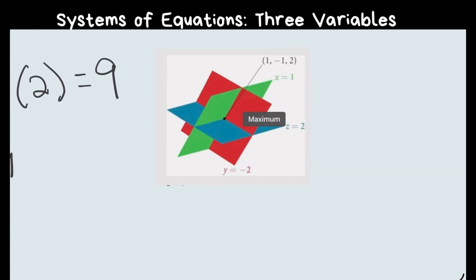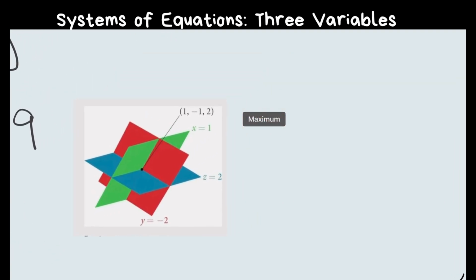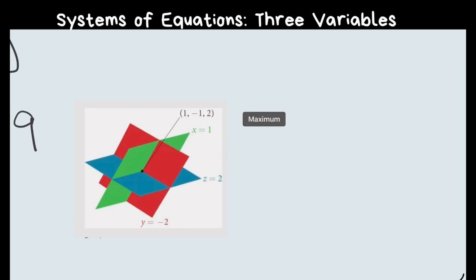And when you have a specific coordinate point that works for each one of the equations, that means that that particular point is going through each one of the planes. So that means that those 3 planes meet at only one point. Now, 2 planes meet at a bunch of points, right? The red and the green meet at a whole bunch, but the red, the green, and the blue only meet at the 1. And that 1 point is 1, -1, 2, okay?